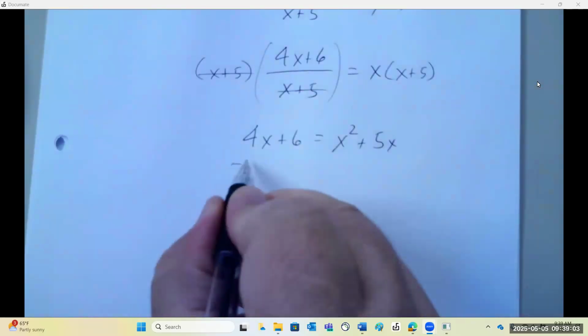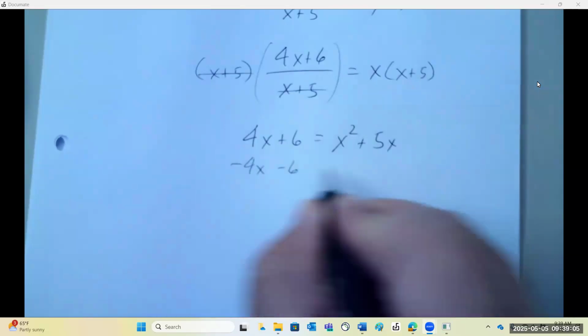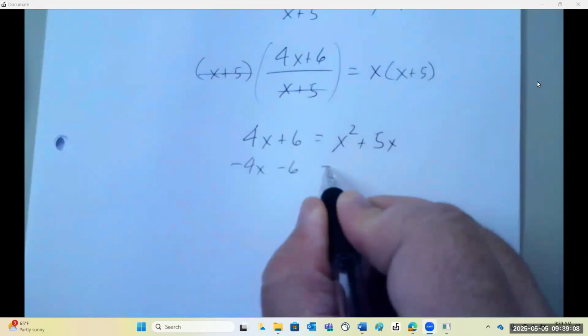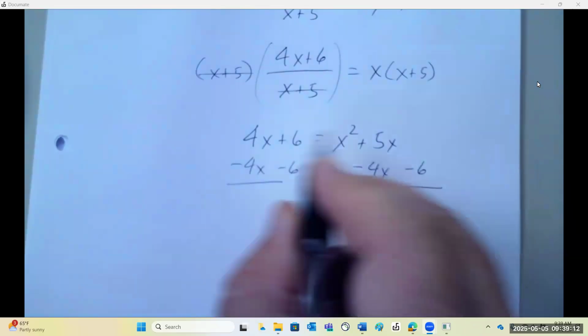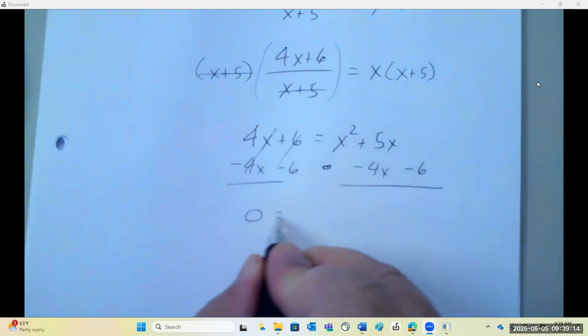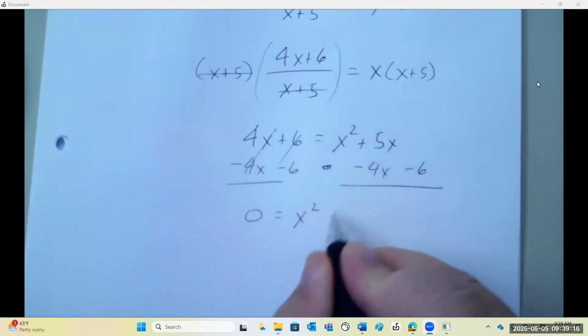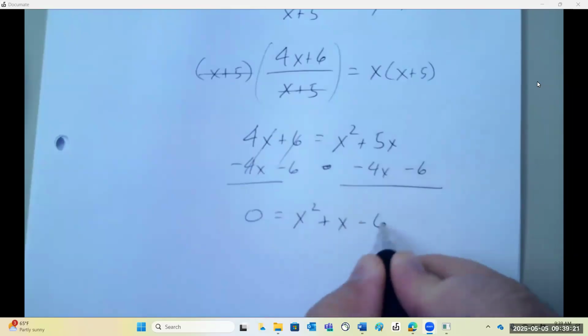It's quadratic, so it has to be set equal to 0. So we have 0 equals x squared, 5 minus 4 is 1, so it's positive x.